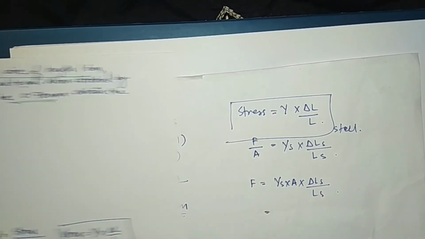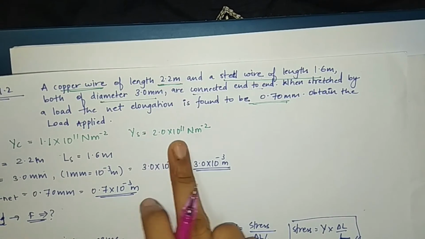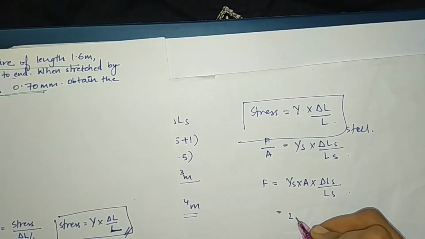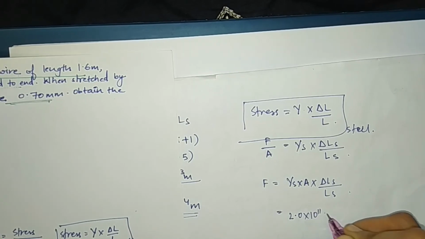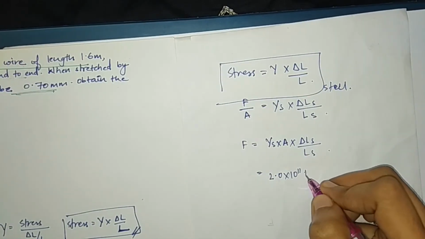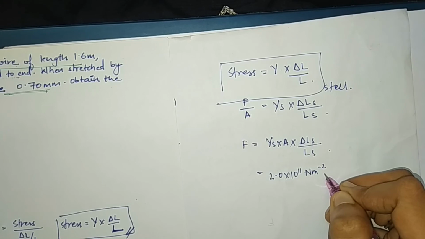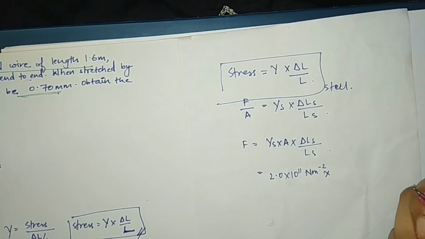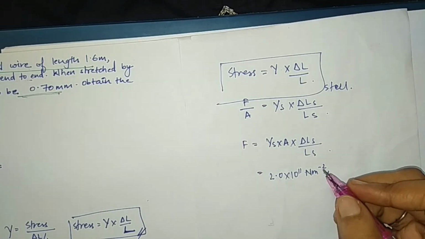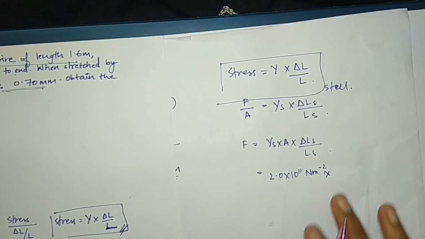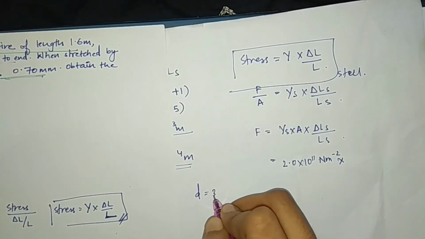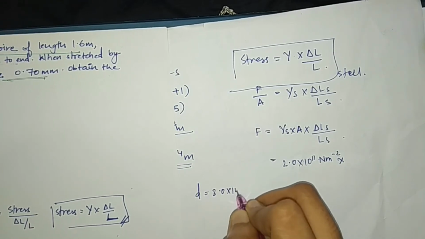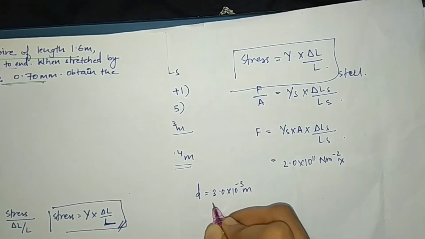What is the Young's modulus of steel? It is given as 2.0 into 10 raised to 11 Newton per meter square. Okay, so what is the area? Area can be given by pi r square. We have just been given the diameter, that is 3.0 into 10 raised to minus 3 meter, as I converted.